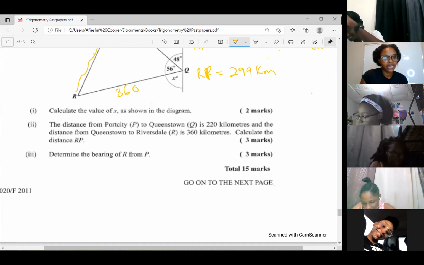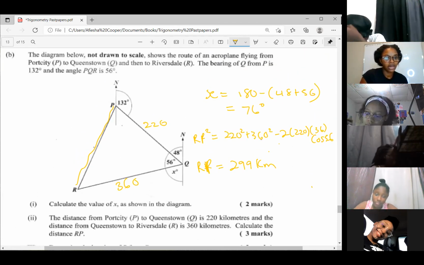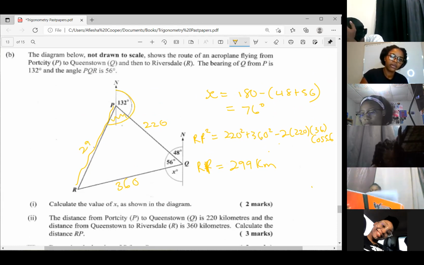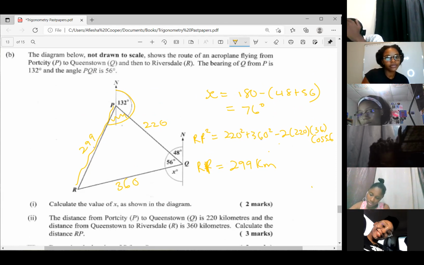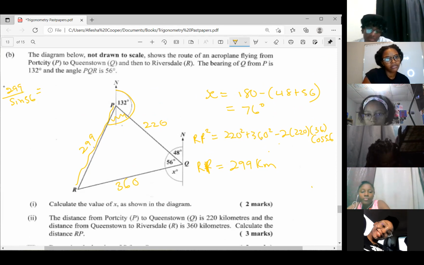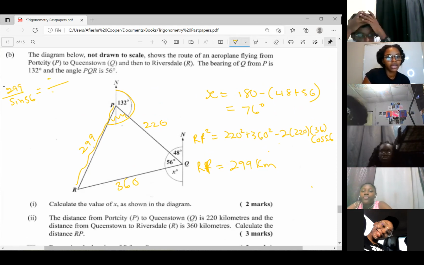All right, the bearing of R from P. How much is that? R from P, so here to here. So we had to find here, right? What would we use to find there? Sine rule. So that will be 299 over sine 56 is equal to 360 over sine theta. Yeah?